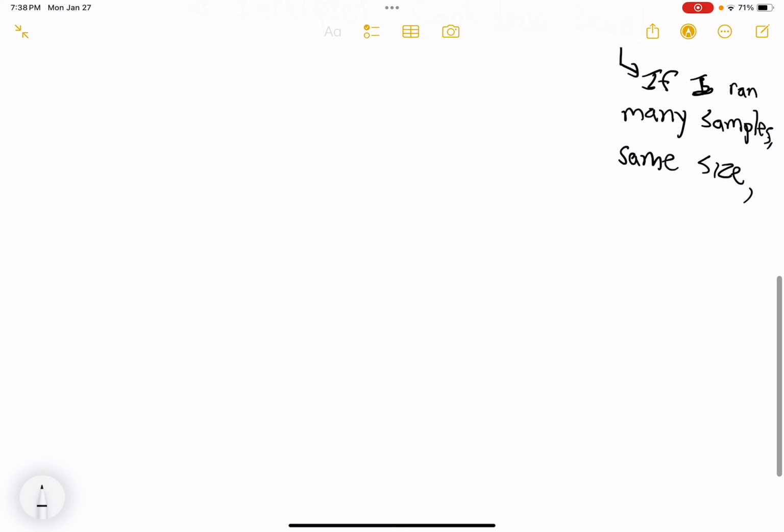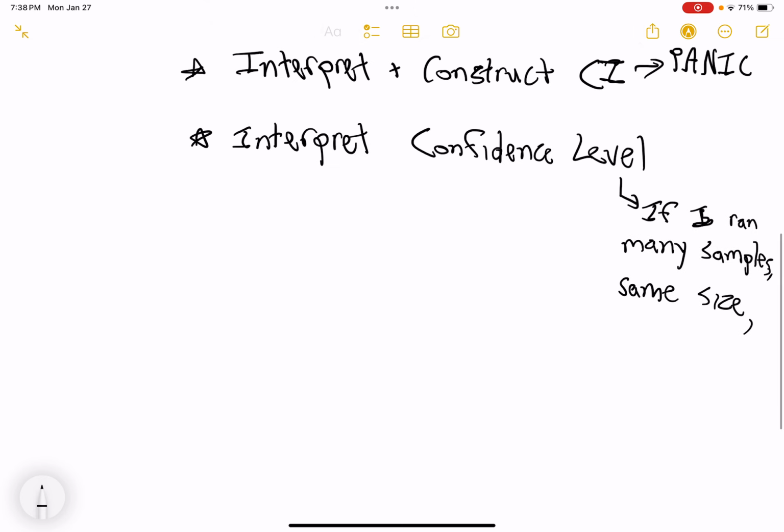You should, of course, know margin of error, know how to solve for margin of error, right? Know that the margin of error is either going to be a z-score, a critical value z times, for proportions, the square root of p hat times 1 minus p hat over n.